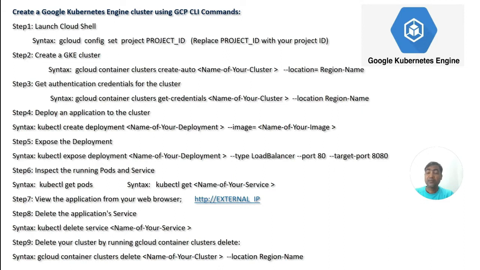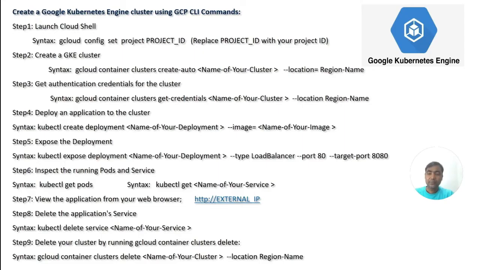Then you can copy the external IP, open a new web browser using Google Chrome, write http:// and paste your external IP. Then you can see your web application, and I'll show a similar step in the lab so that you can easily understand it.